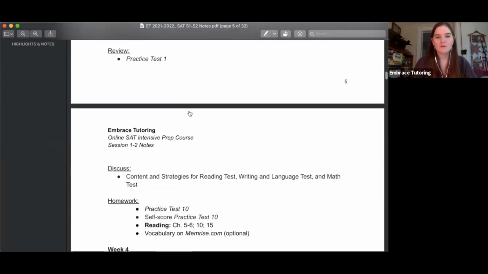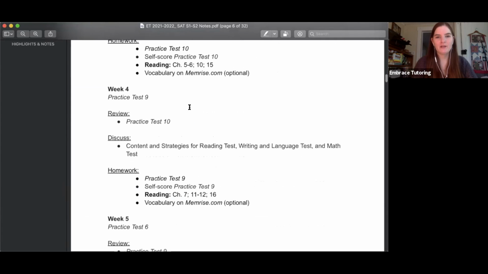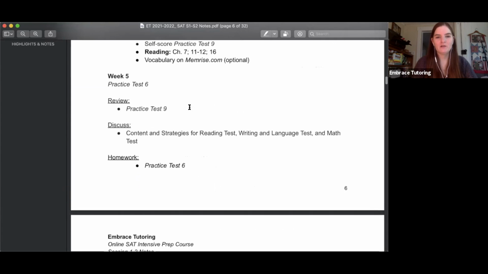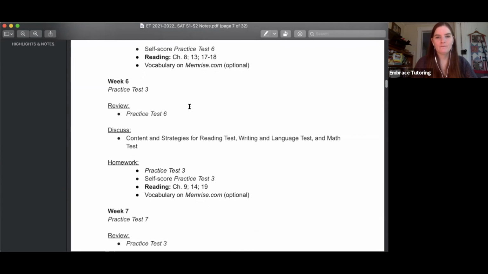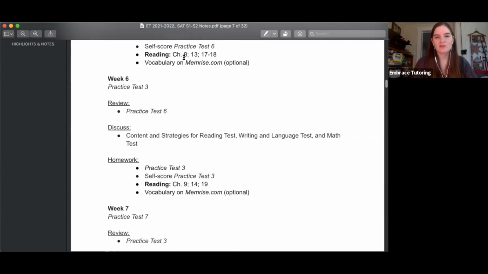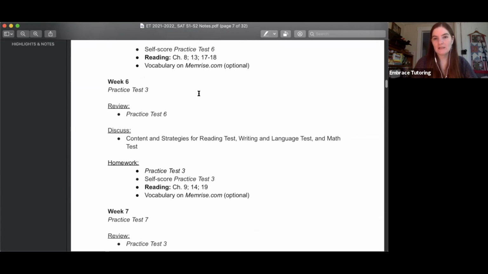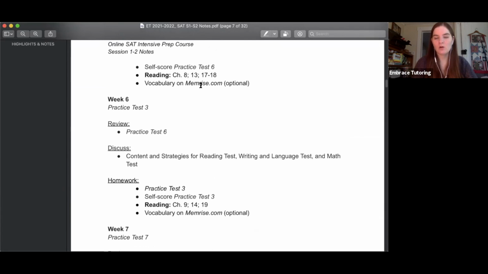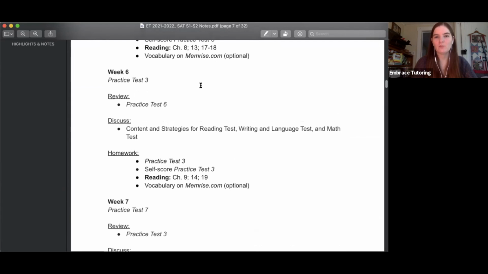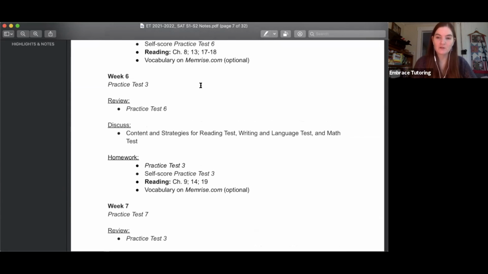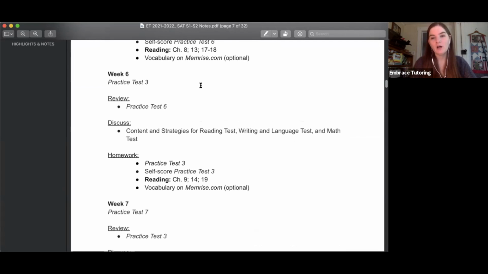Okay, so just to recap then, we just looked at chapter 8 and chapter 13, and in a little bit we'll look at 17 to 18 from today. Again, we'll also look at the practice questions from practice test 6. So if you have questions, do make sure you're getting those prepared, or you came prepared already, which everyone should have done, with a list of questions to ask.